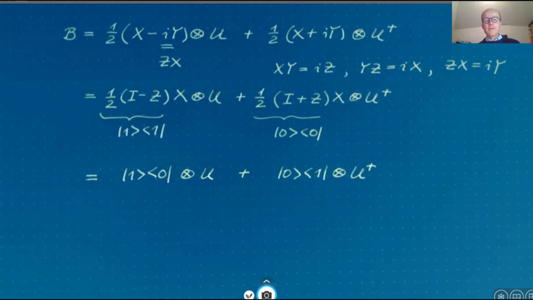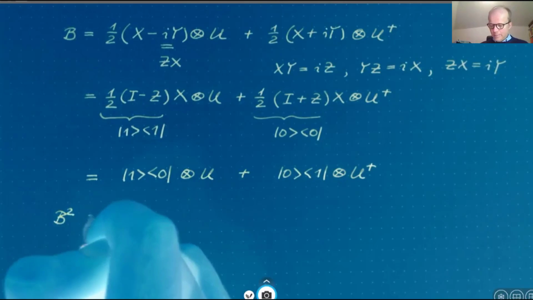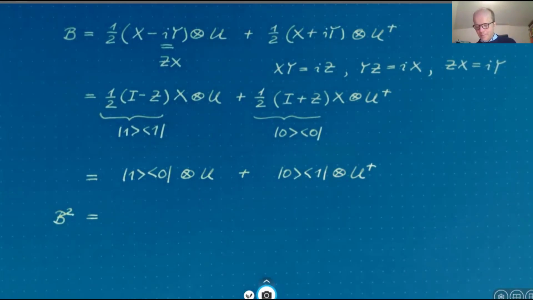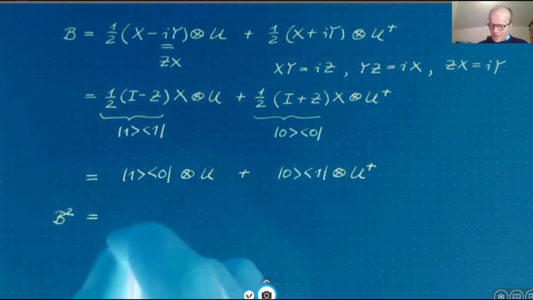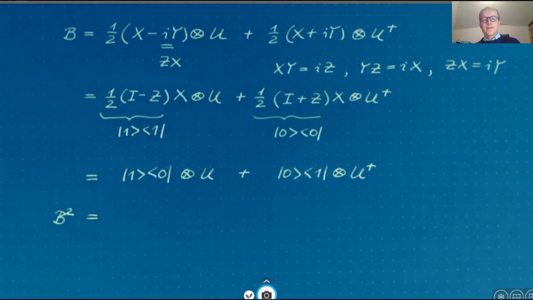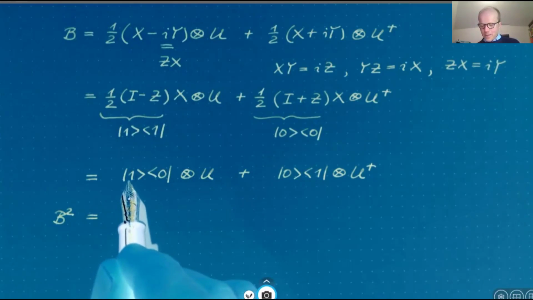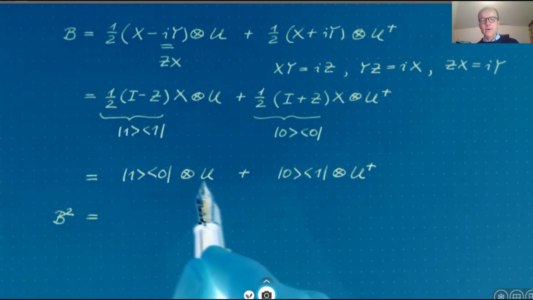And now let's see what happens when we take the square, B square. Then we have the first term squared, but this gives 0 because we will have the product 1, 0, 1, 0.